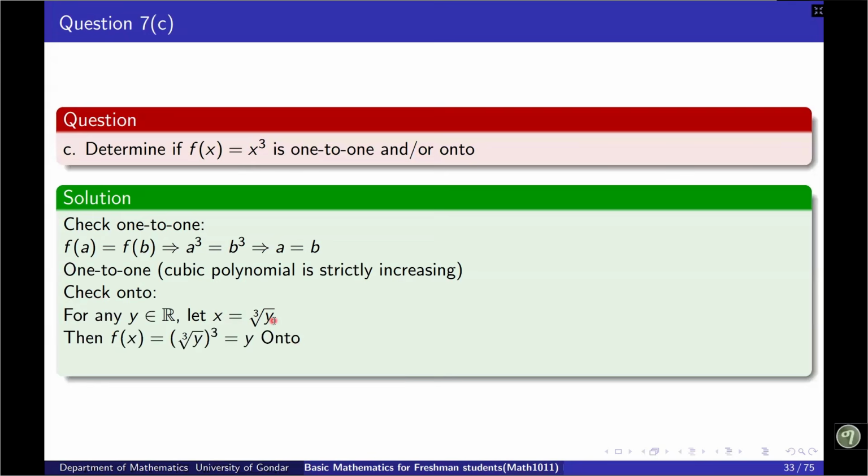Therefore, the function is an onto function, because for each and every element of the codomain of the given function, there exists at least one pre-image within its domain. Therefore, the function f of x equal to x cubed is both 1-to-1 and onto, so it is bijective or a 1-to-1 correspondence.